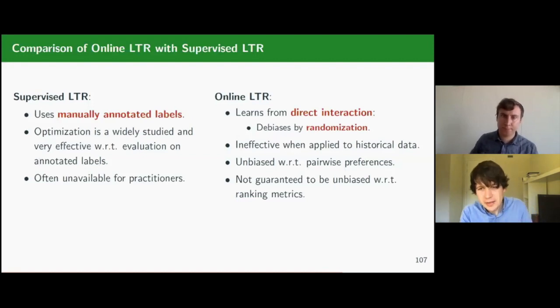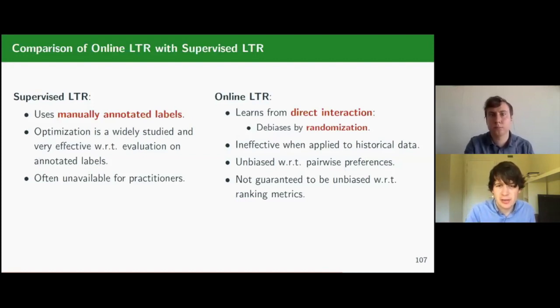In terms of bias, there's some debiasing, but these methods are not guaranteed to optimize ranking metrics in an unbiased way. So this is an open problem. An online method that can do this would be amazing, but it's not what we have right now.